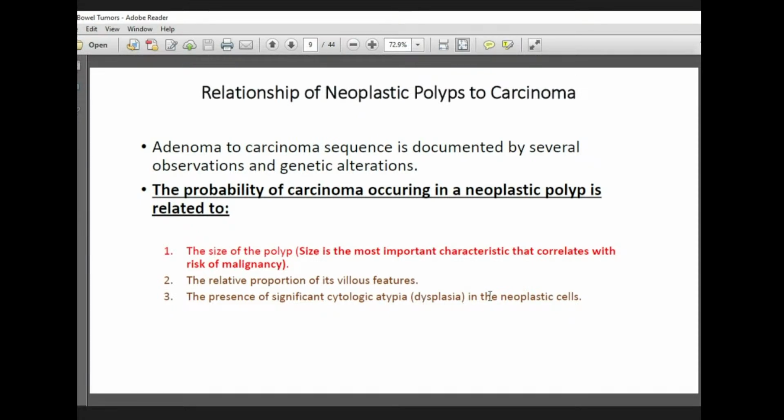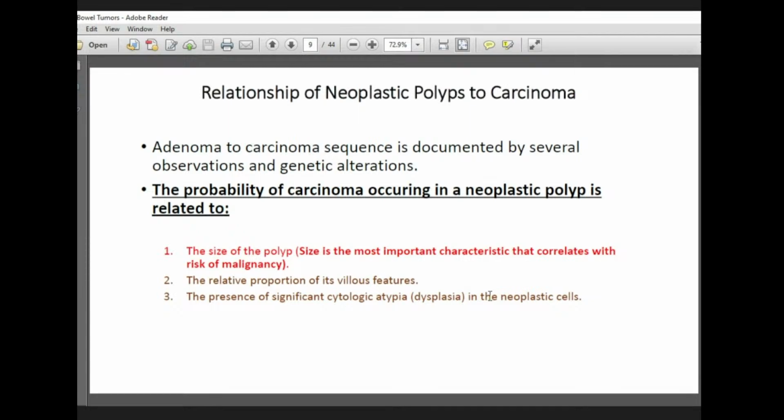Okay, you can be asked a question like: mention three features of a polyp which can help to see whether it is malignant, or mention the probability of a neoplastic polyp. So size of the polyp, villous architecture, and the dysplasia.